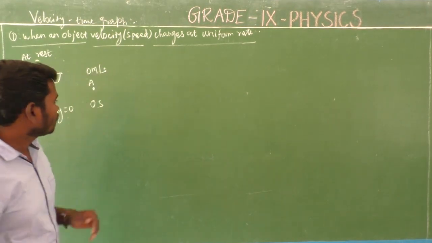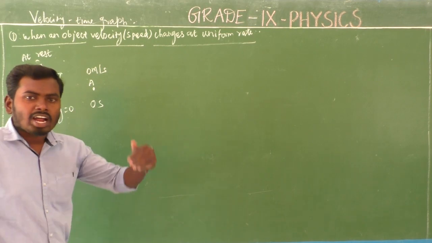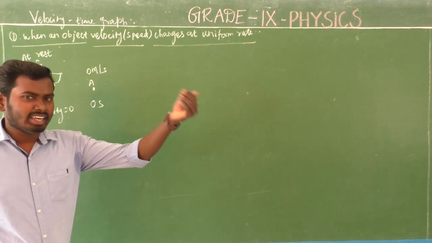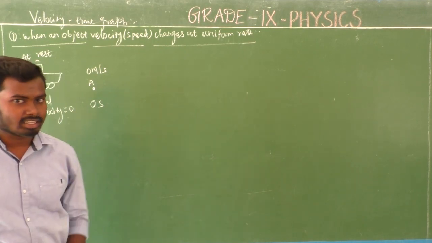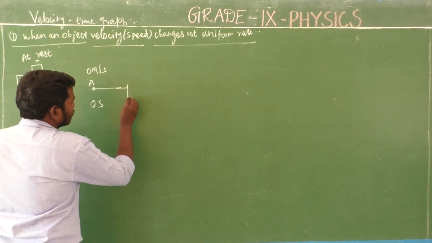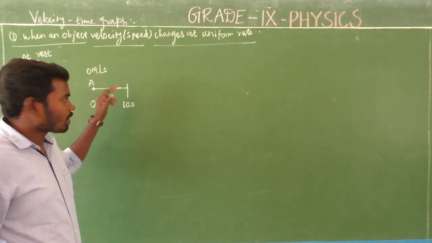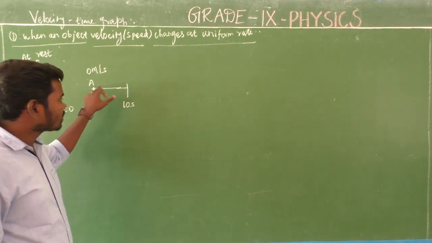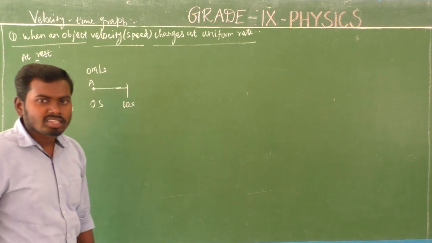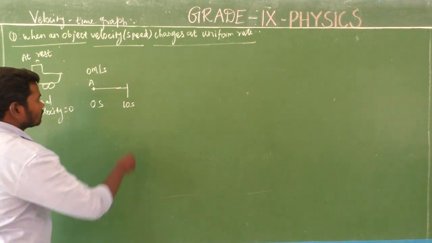Next, the car starts moving. Gradually the car's speed increases, which means velocity increases. In the next 10 seconds after starting from rest, the velocity of the car changes to 10 meters per second.